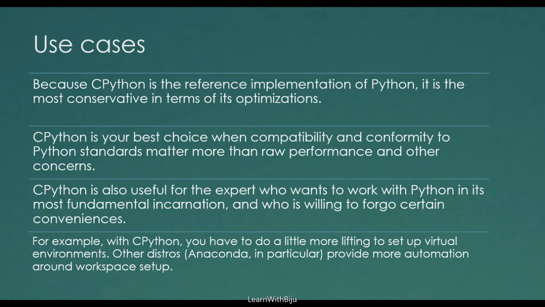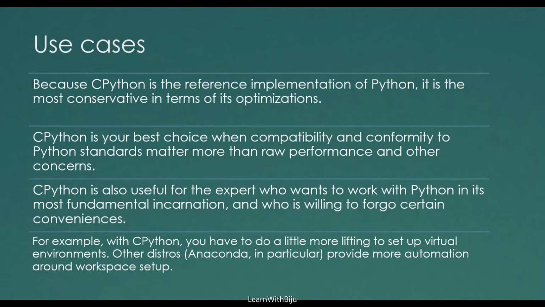What are the use cases for CPython? Because CPython is the reference implementation of Python, it is the most conservative in terms of its optimization. CPython is your best choice when compatibility and conformity to the Python standards matters more than anything.